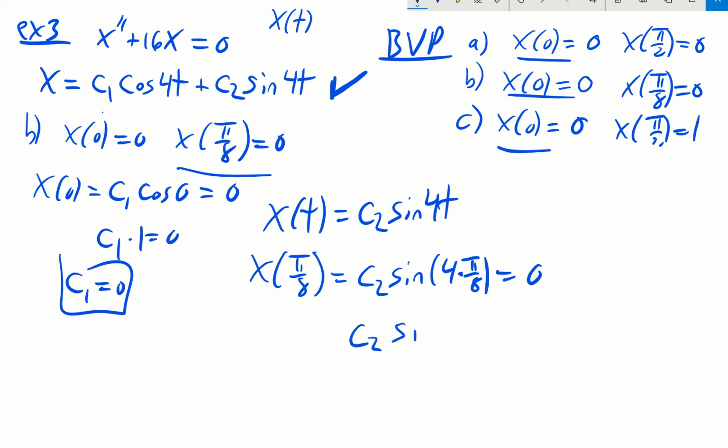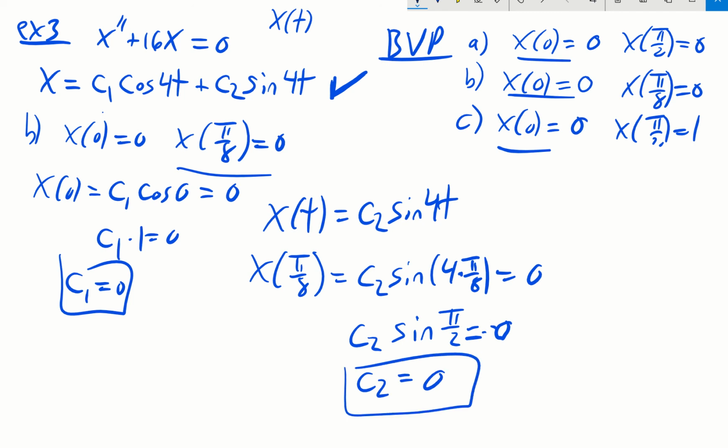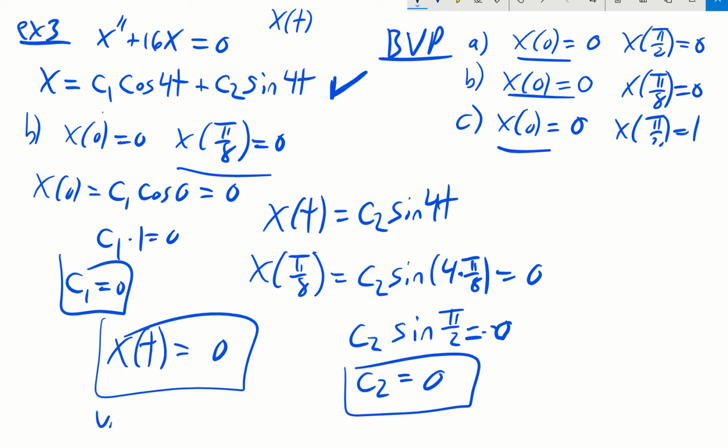This gives us C2 times the sine of 4 pi over 8, which reduces to the sine of pi over 2, and the sine of pi over 2 is 1, so this tells us that C2 equals 0, which means that this time we just get the constant function x of t equals 0. We plug in those values, C1 is 0, C2 is 0, so in this case we get a single solution. Maybe I shouldn't say unique, but we get one solution.